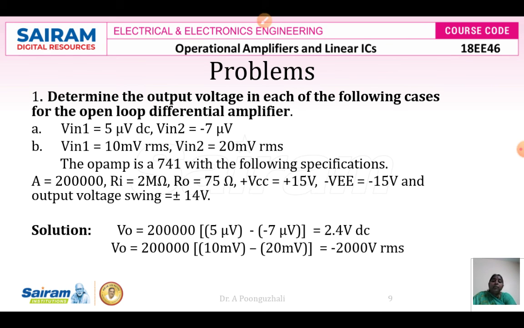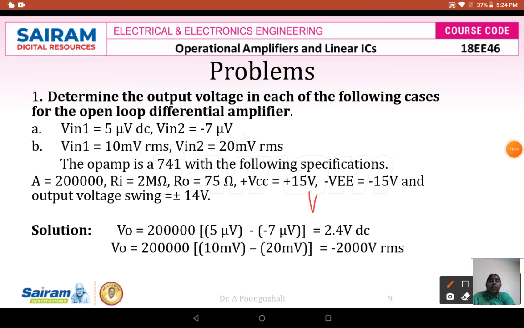Differential amplifier, the name itself tells. Here we are going to have V0 equivalent to AD into (V in 1 minus V in 2). From the voltage only we can find which is your non-inverting terminal voltage. V in 2 is negative, that means it is your inverting terminal.